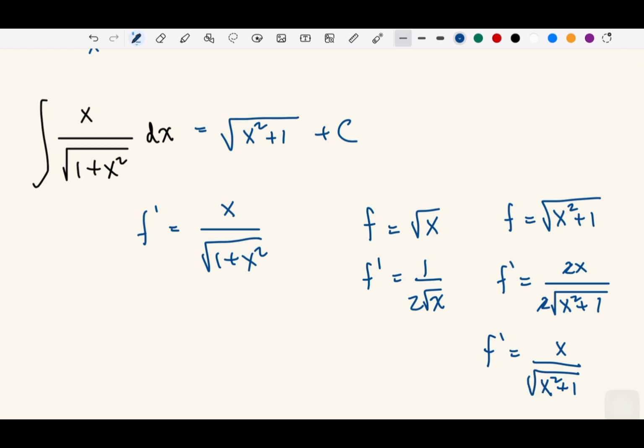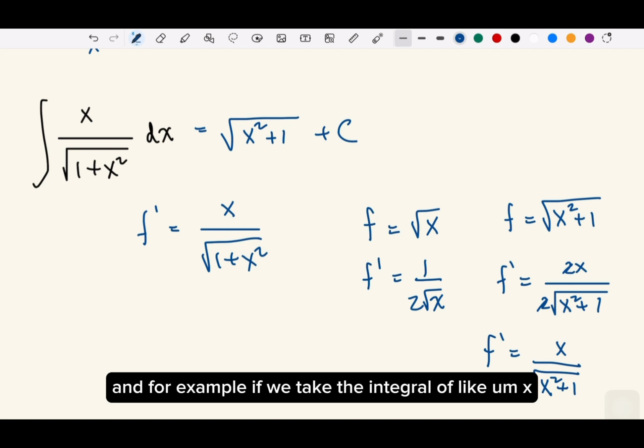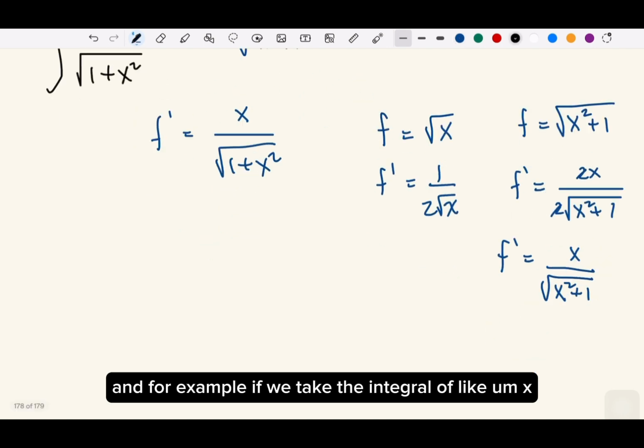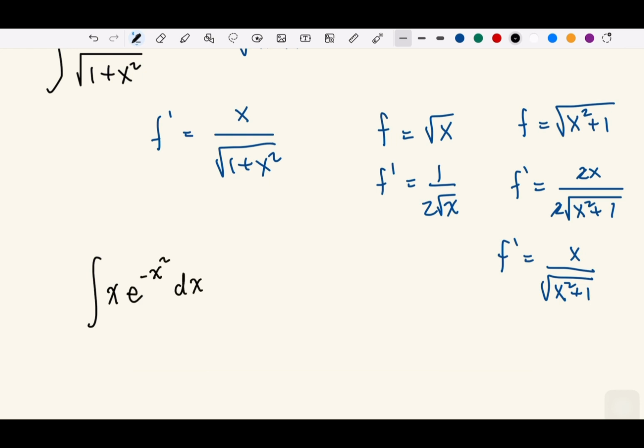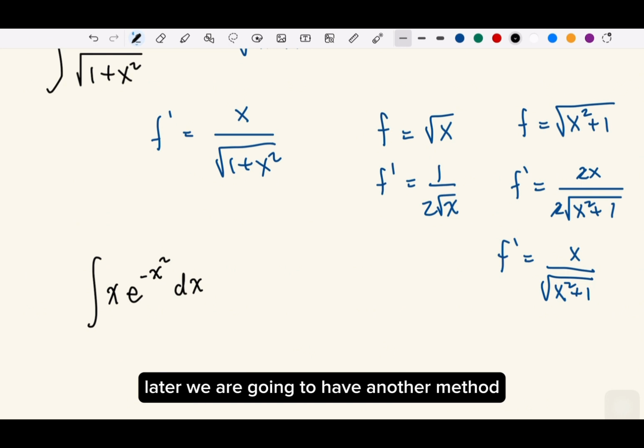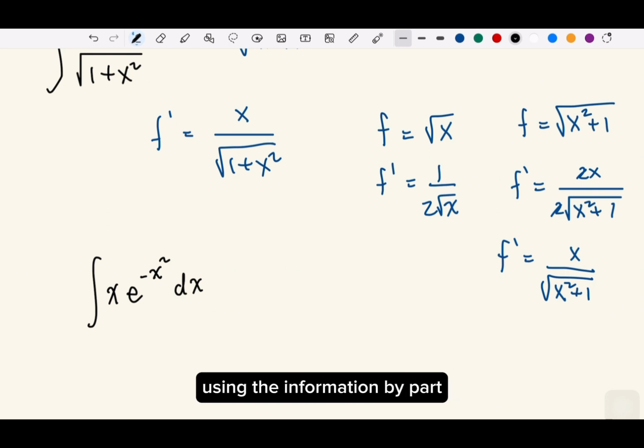Okay. For example, if we take the integral of x e to the negative x squared dx. Actually, later we are going to have another method using integration by parts. But for now, by guessing, we can try and guess.